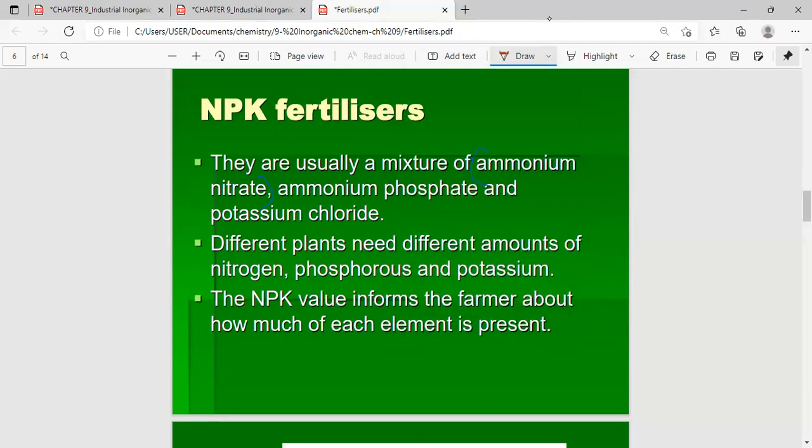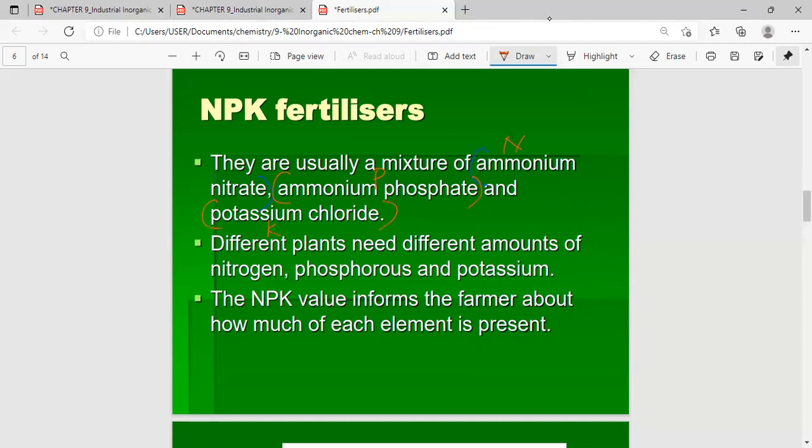Ammonium nitrate has nitrogen, ammonium phosphate will supply the phosphorus, and potassium chloride will supply the potassium. So NPK fertilizer is a mixture of all these 3.